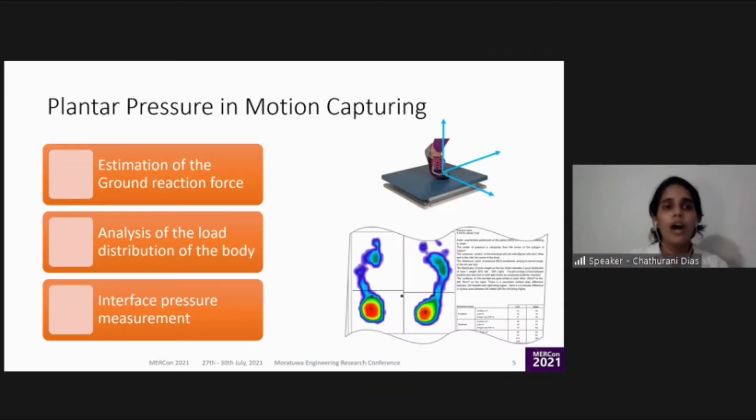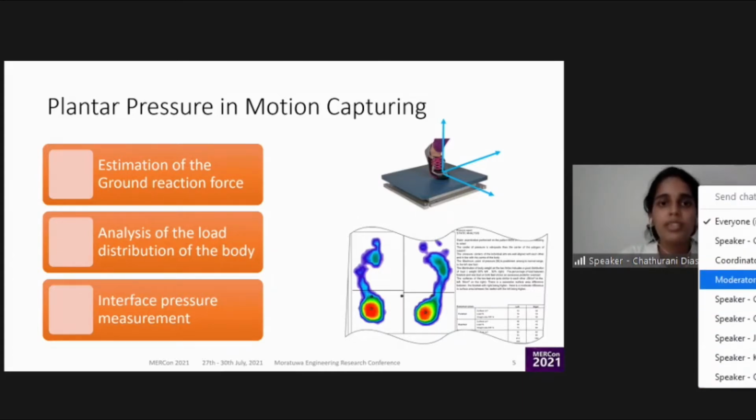So why is plantar pressure important when it comes to motion capturing? One of the key parameters that the previous speakers explained well is the ground reaction force, which is a key factor in understanding the causes of motion, or the kinematics.